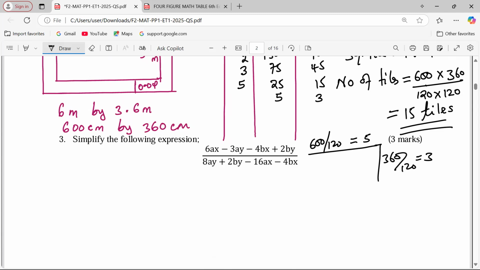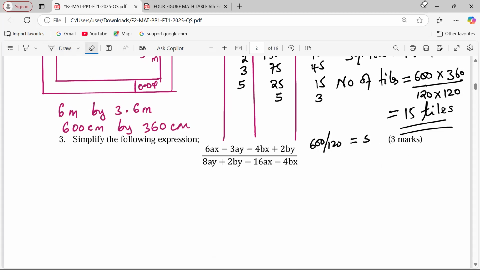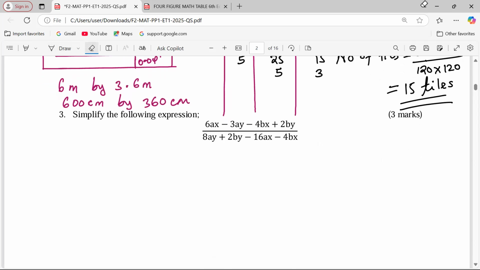So 3 shall be fitting along the width, and 5 of them along the length. Therefore, when we multiply 3 and 5, we shall get 15. That is a simple tactic of counting the number of tiles. In case they lie 5 of them here, then here they lie 3 of them, you just need to multiply the ones on the length by the ones on the width for you to get the total number. So you can alternatively work it out that way.